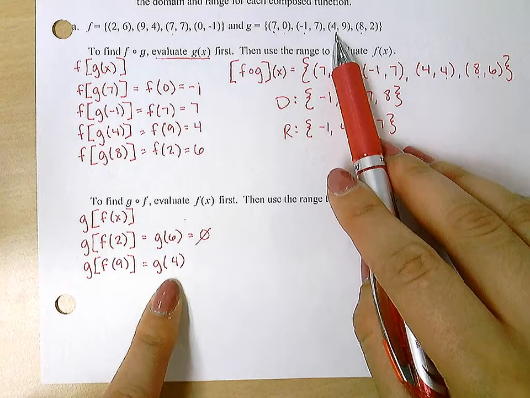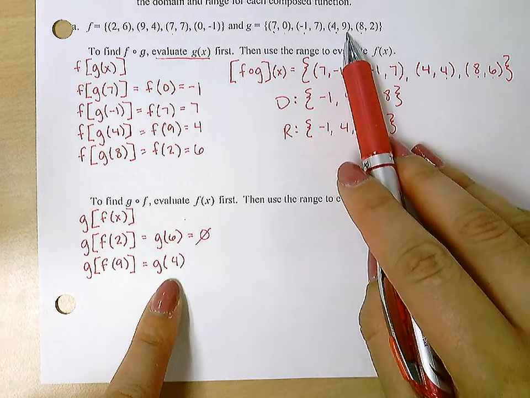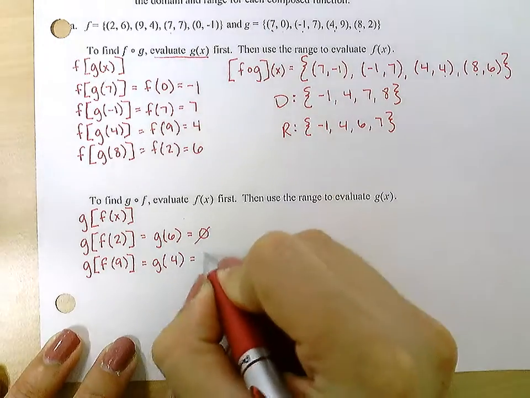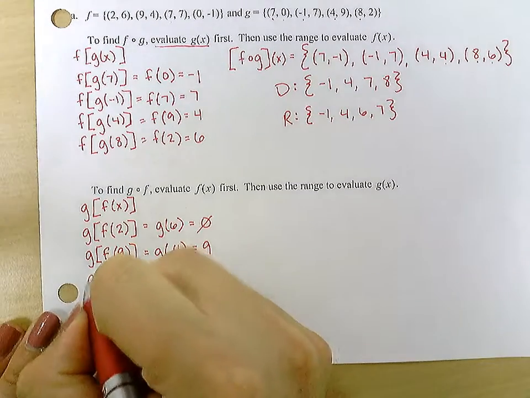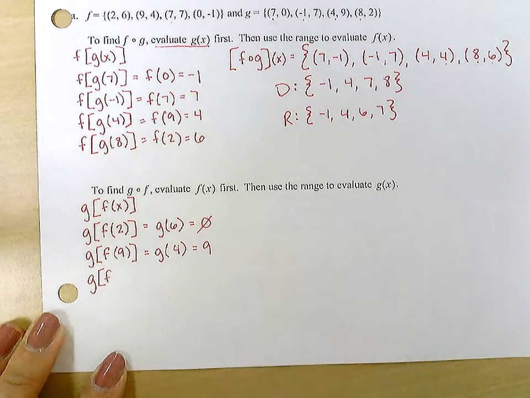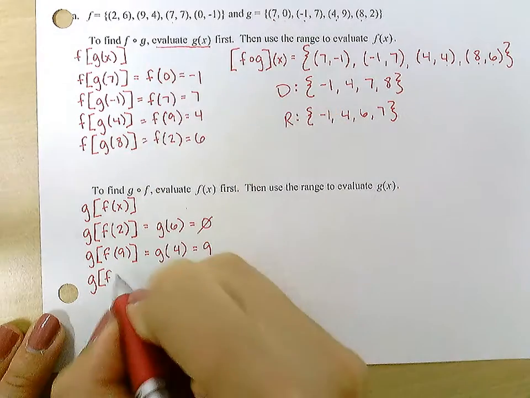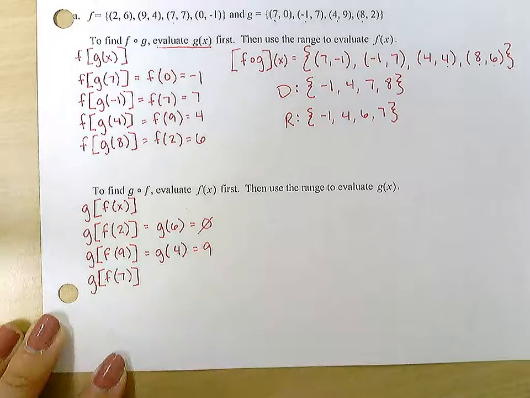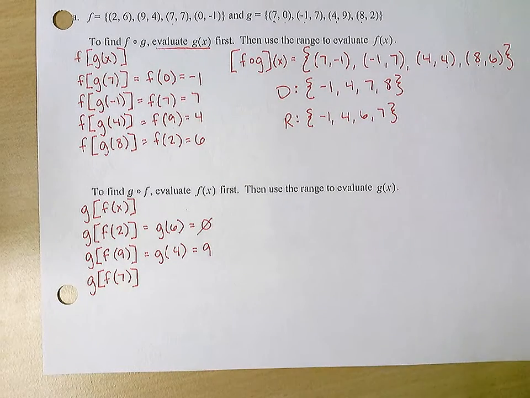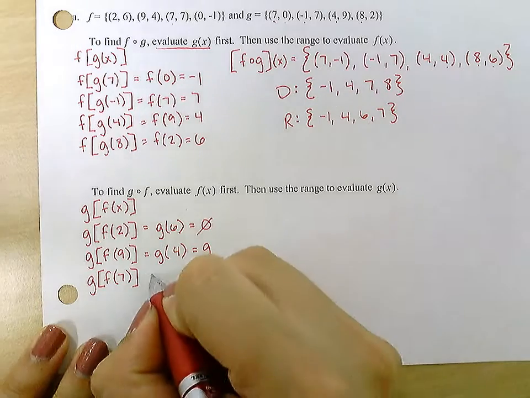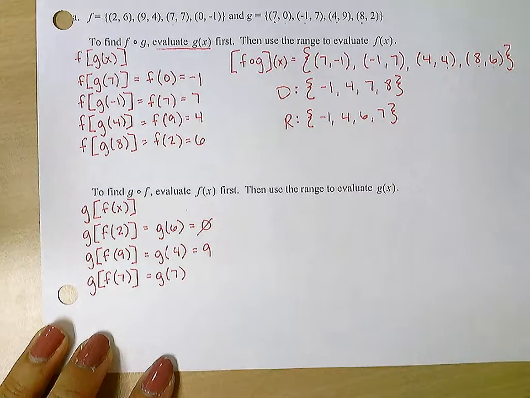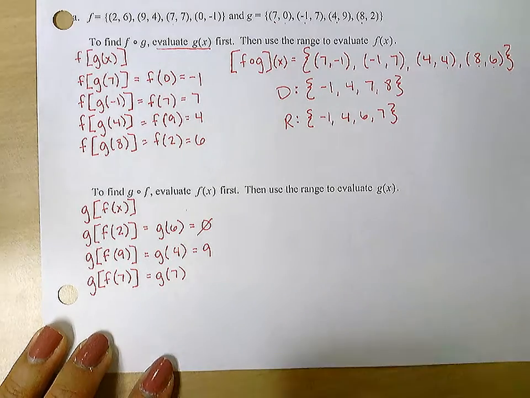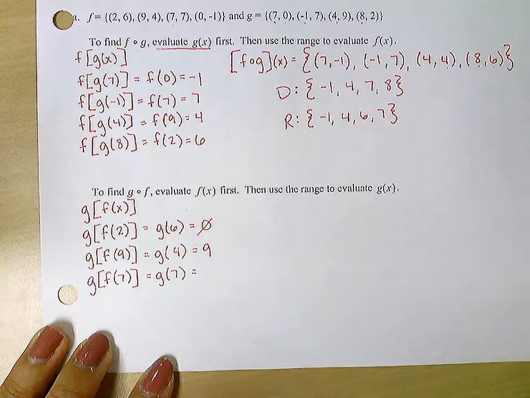Yes, I do. So g of 4 would give me its y value, which is 9. Next we have g of f of 7. Now f of 7 is equal to 7. So I'm looking for g of 7. Is there a 7 as an x value in g? Yes. What does it equal?